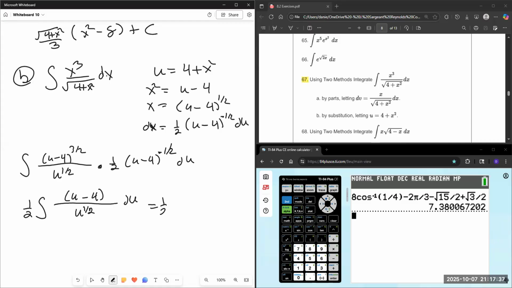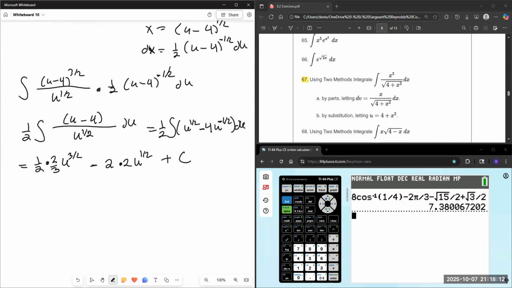So that's 1/2 of u to the 1/2 minus 4u to the negative 1/2 du, which is equal to 1/2 u to the 3/2 times 2/3 minus 1/2 of 4 is 2, u to the 1/2 times 2 plus c.